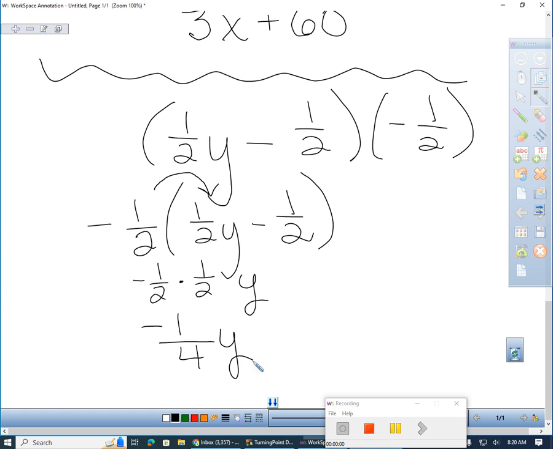And then I have my y. Then we go -1/2 times -1/2. Again, is there anything I can cross reduce? -1 times -1 is +1. And then the bottom is 2 times 2, or 4. No, that wasn't that hard.